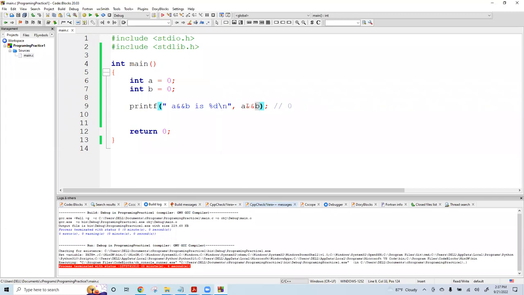Remember, this ampersand is used, I'll show you, when we use conditional statements. If else statements, we frequently use the double ampersand. Remember that. Very important. Double ampersand.